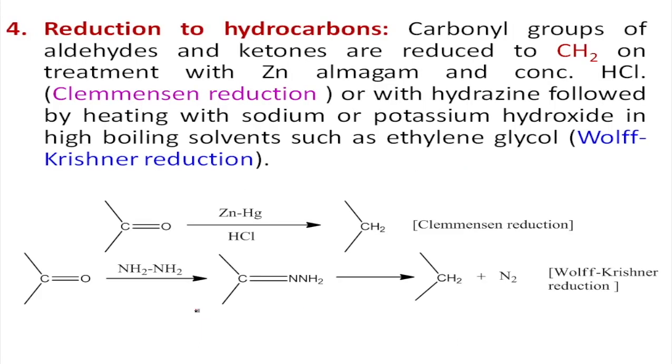Number 4, reduction to hydrocarbons. Carbonyl groups of aldehydes and ketones are reduced to CH2 on treatment with zinc amalgam and concentrated HCl. This reaction is the Clemmensen reduction.